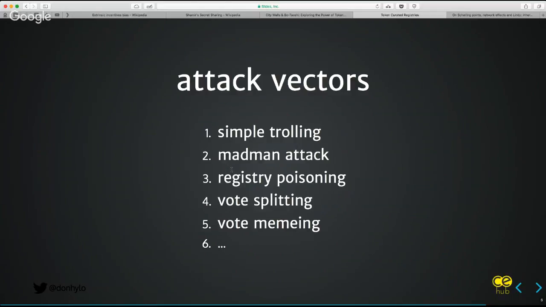And then vote memeing, which would be similar to the vote splitting, but in this case, you would try to only vote on the side where the majority is always voting, regardless of your own opinions, right?